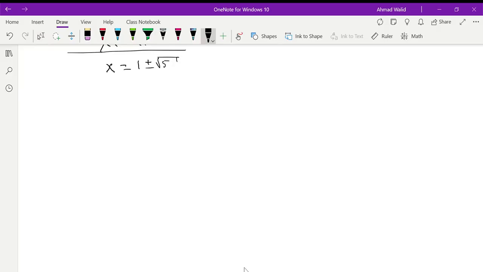Let's do another example. Example 2. Solve. The equation given to you is x squared plus 3x minus 5 equals 0.